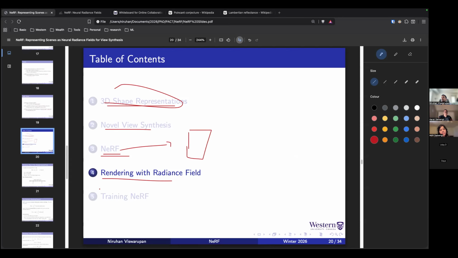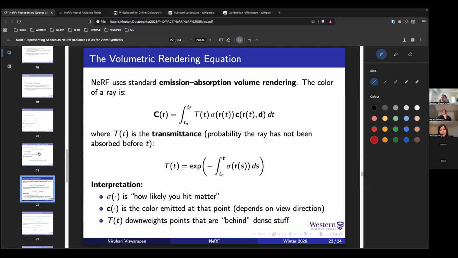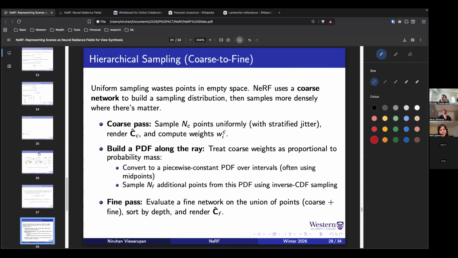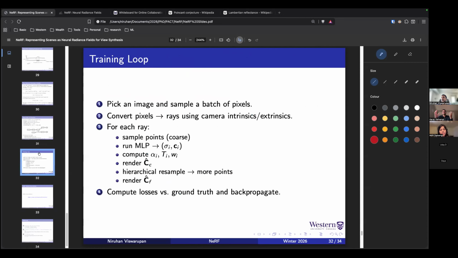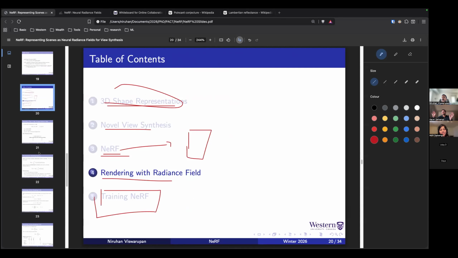And at the end we will also look at how they train the NeRF. So before moving forward, it's 12. Do you want to stop here and do another session for rendering, or do you want me to continue? Because it is a little bit of math. It's up to you. I'm okay with that, I'm enjoying this.